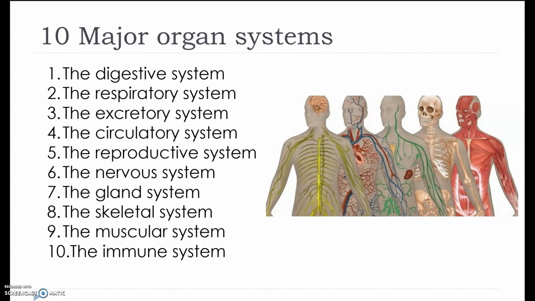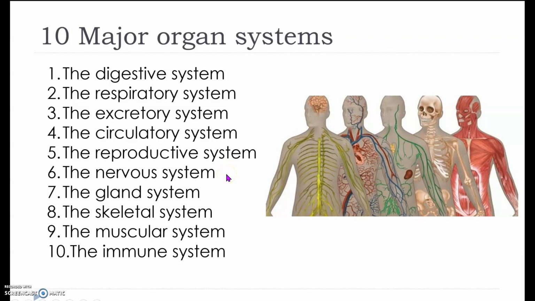So the 10 major organ systems that we will talk about. Can you repeat after me? Number 1, the digestive system. Number 2, the respiratory system. Number 3, the excretory system. Number 4, the circulatory system. Number 5, the reproductive system.